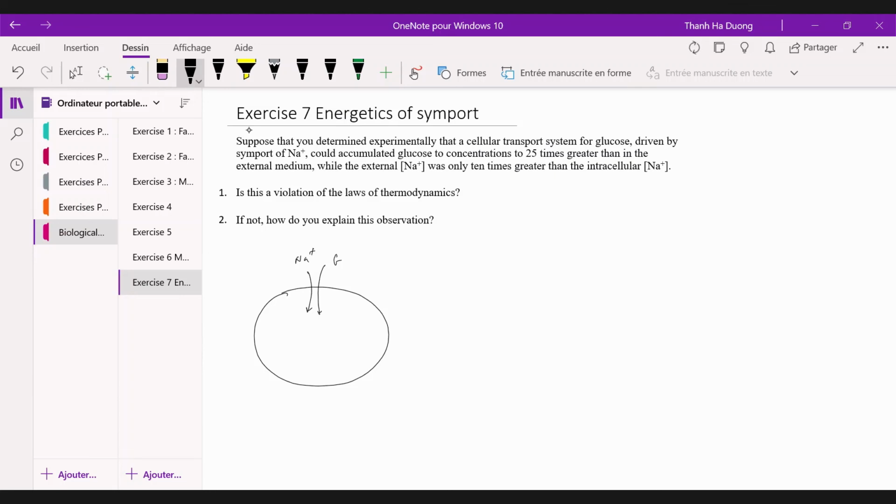So the concentration of glucose is 25 times greater inside than outside.